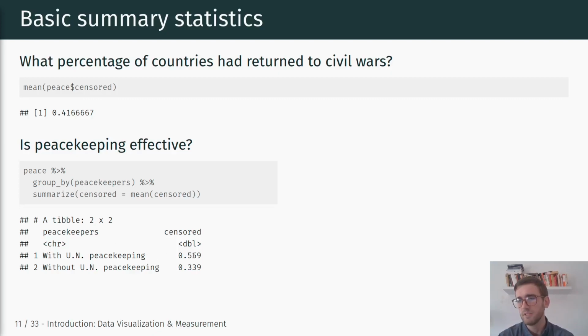Okay, and we see, of course, quite a difference in the percentage of countries that stayed at peace or returned to civil war. We see that with UN peacekeeping, 56% of the countries stayed at peace, compared to 34% of the countries without peacekeeping. So that suggests that peacekeeping missions were successful.